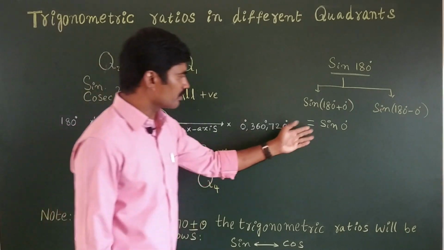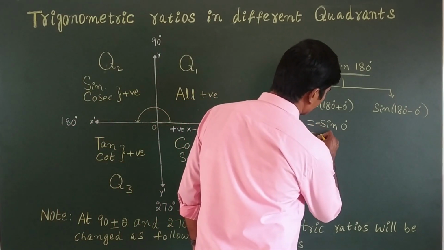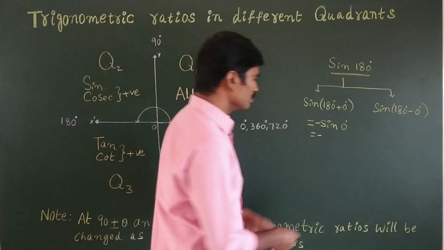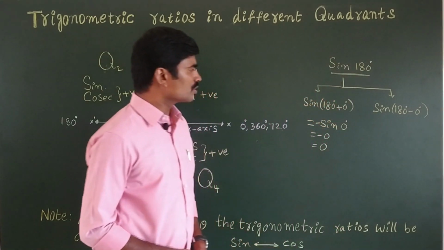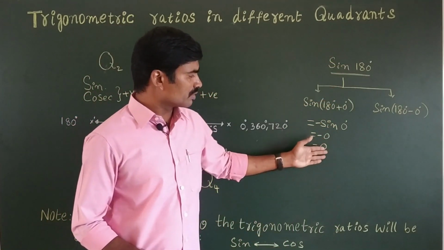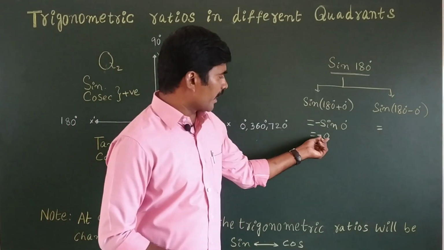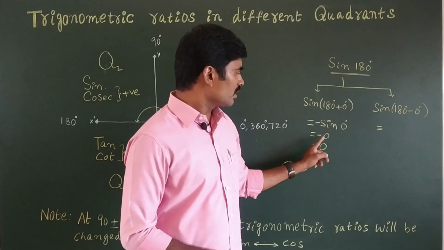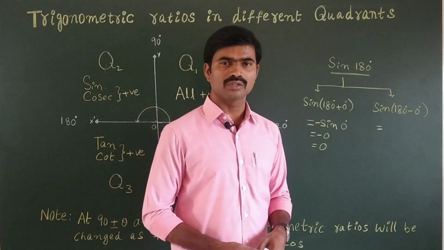So keep negative symbol, minus sine 0 degrees. Sine 0 degrees is equal to 0. So minus 0 means it is 0. So sine 180 degrees is equal to 0. Why? Because 0 is neither positive nor negative. So minus 0 we can write as 0 also.